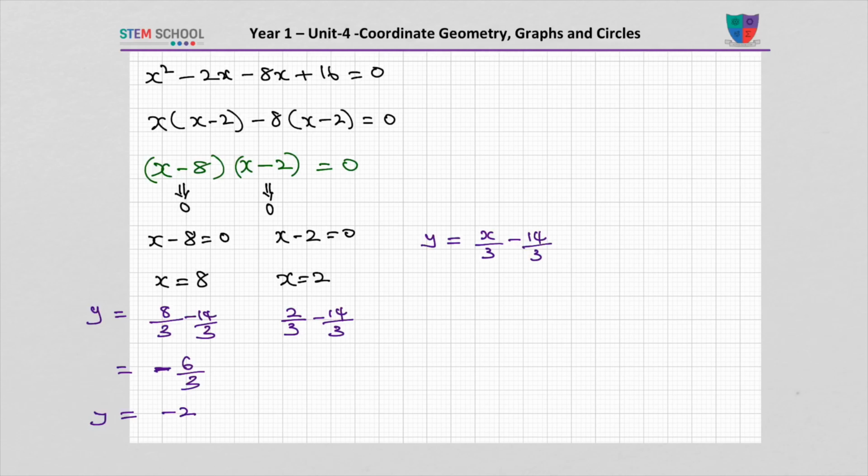When x is 2, you get 2 over 3 minus 14 over 3, which is minus 12 over 3, so y equals minus 4. So when x is 8, y is minus 2, and when x is 2, y equals minus 4.